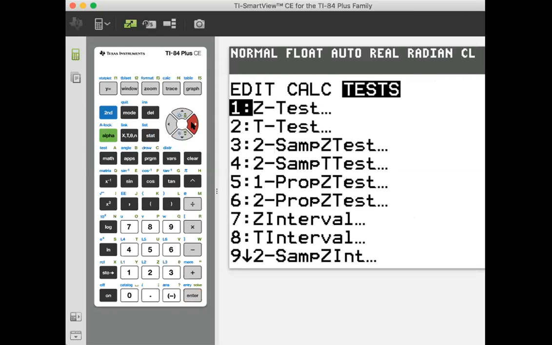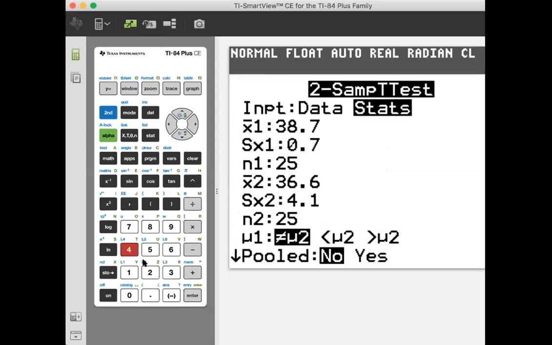Stat, tests, number 4. And the data that I put in there is still there. And so this is 2.7, 25, 36.6, 4.1, and 25. Everything else is still correct.